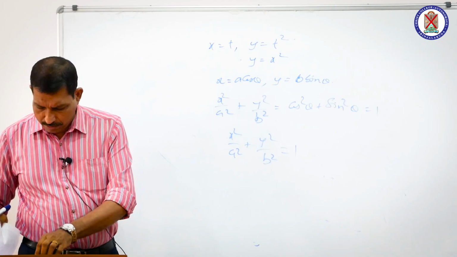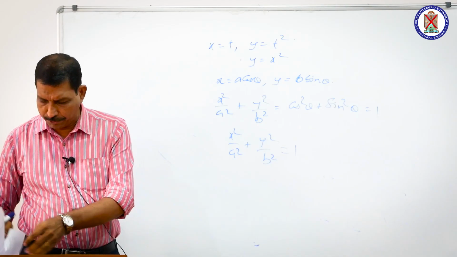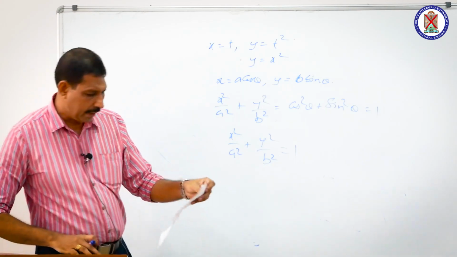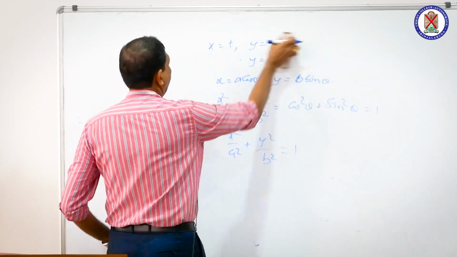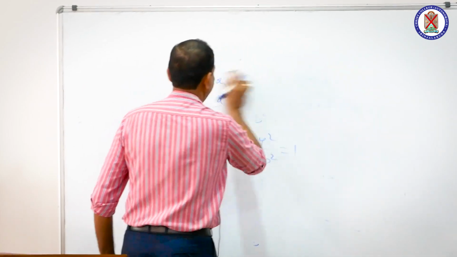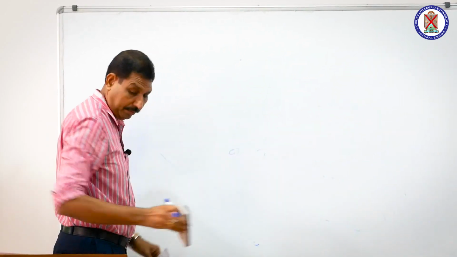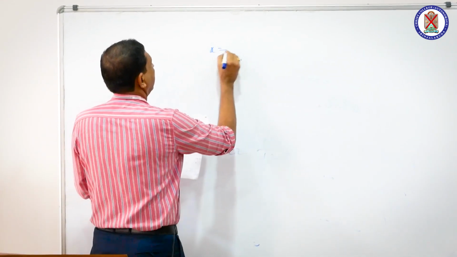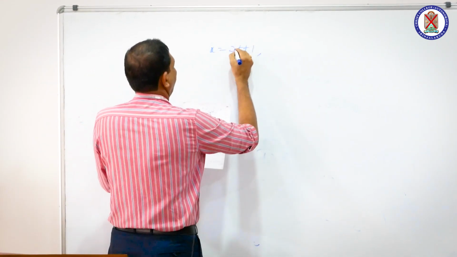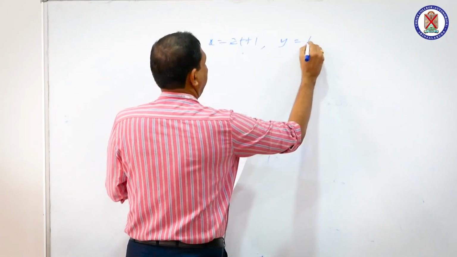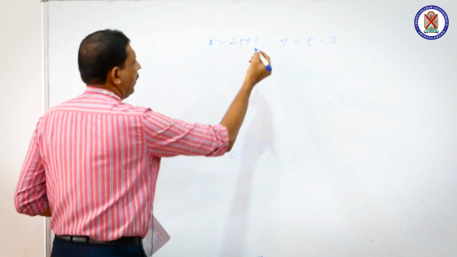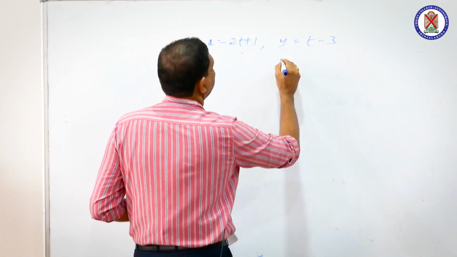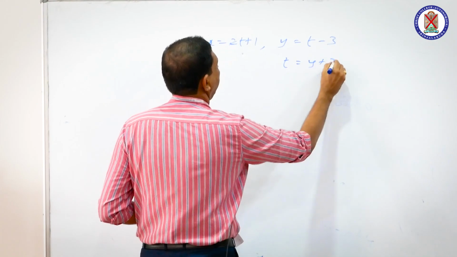Now, we will go through some examples. Another example: x equal to 2t plus 1, y equal to t minus 3. Immediately you can convert it into Cartesian format, t equal to y plus 3.